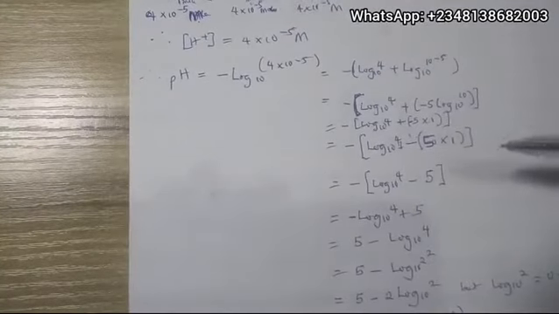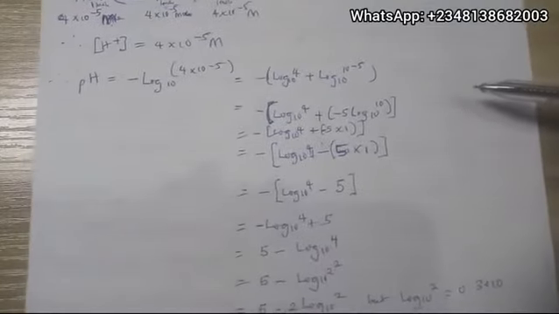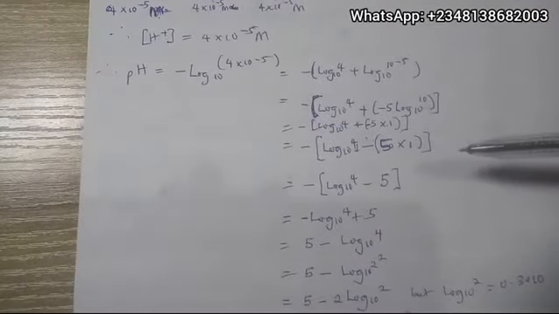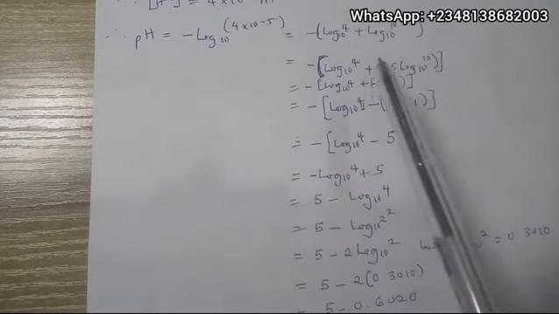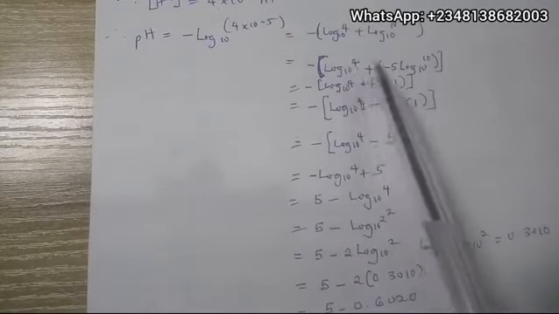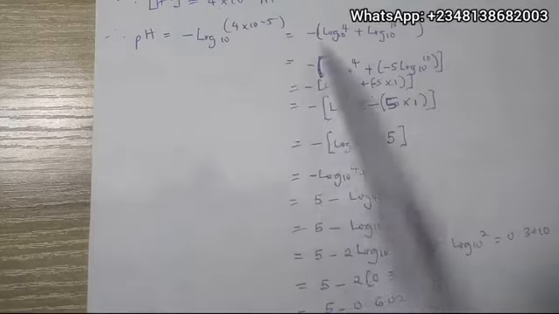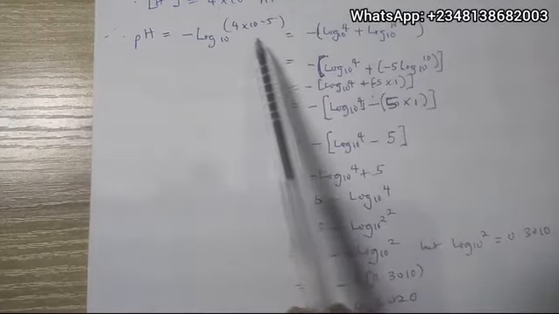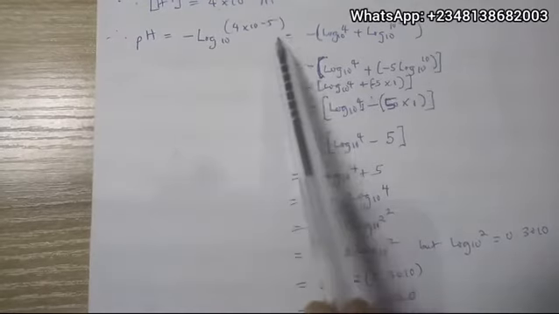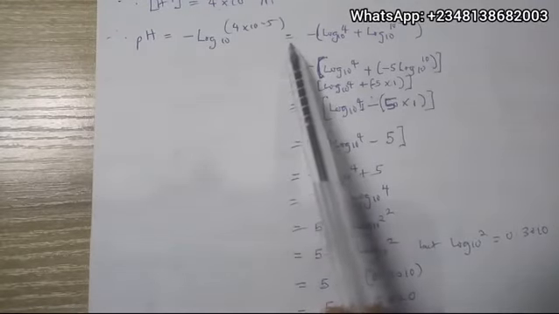I decided to use logarithm to solve this so as to refresh our memory in the use of logarithm without using calculator. So let's go. I'll use this opportunity to refresh our memory on the laws of logarithm, because almost all the laws are explained here. Now let's go. So if that's the case, this is now equal to this.